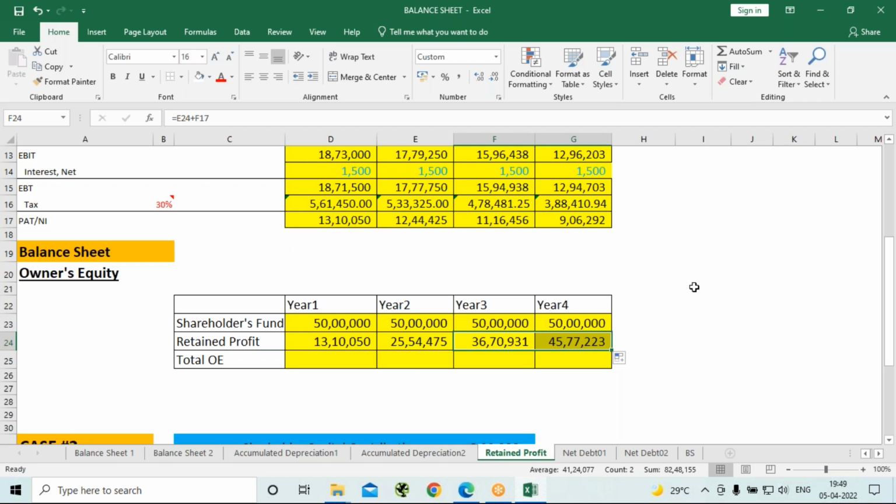Okay, so the accumulated depreciation value will be the previous year depreciation value plus the current year depreciation value.